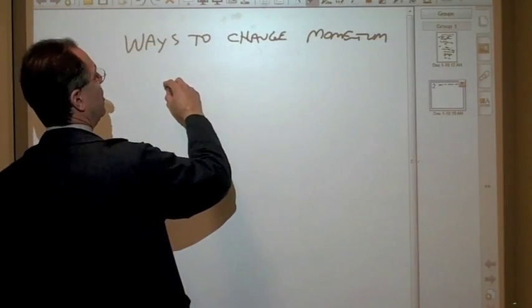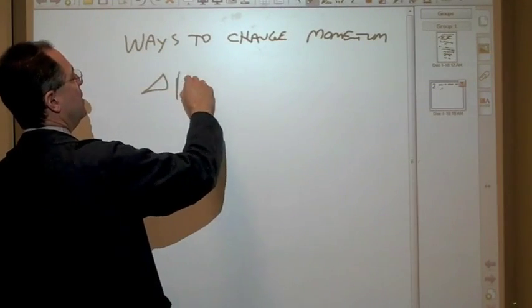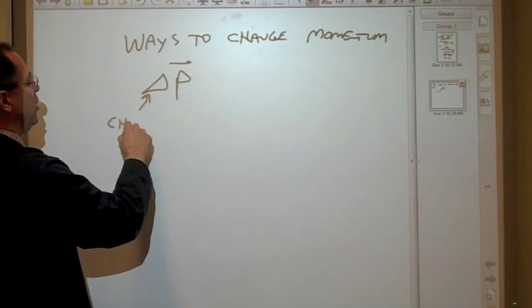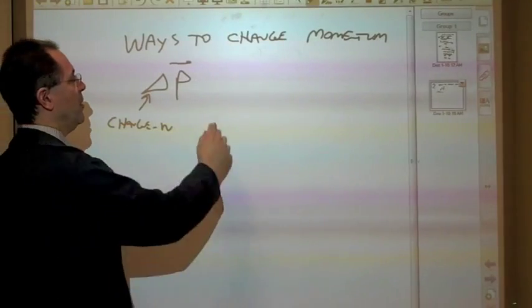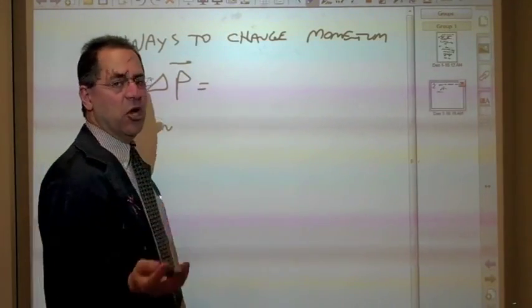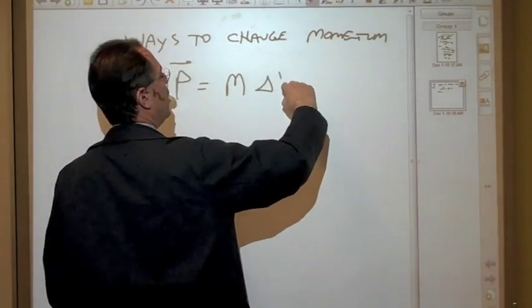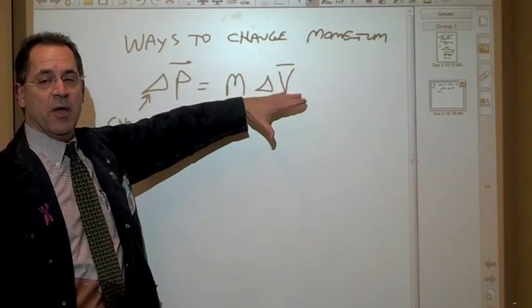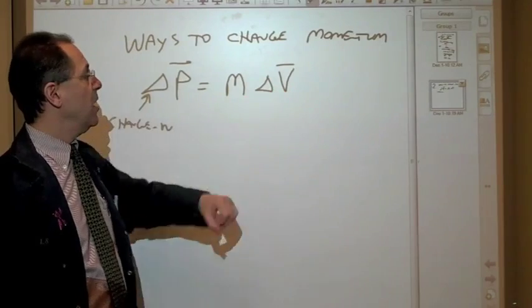So essentially, if we want to change momentum, and we've used this term before, delta P, right? Delta means change in. The change in momentum. The masses really don't change. It's really mass times the change in velocity. This is really the only way to change momentum, isn't it? To change the velocity. Okay?